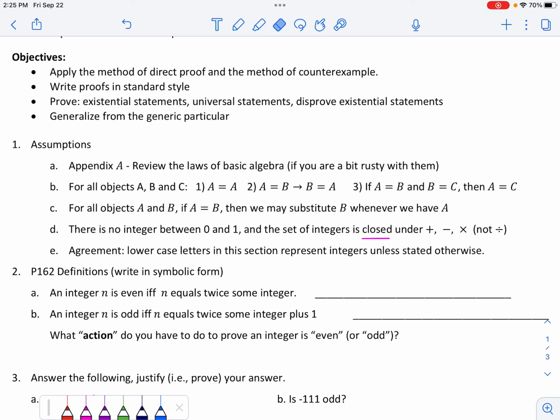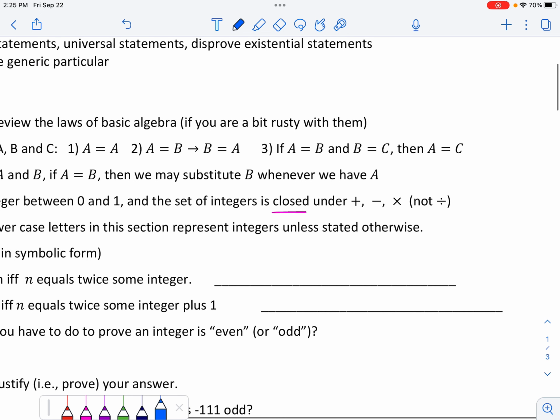Now when we say the set of integers is closed under addition, that means if you pick any arbitrary integer plus another integer, when we say closed, that means the result is still an integer. It will be another integer, which may or may not be the same.